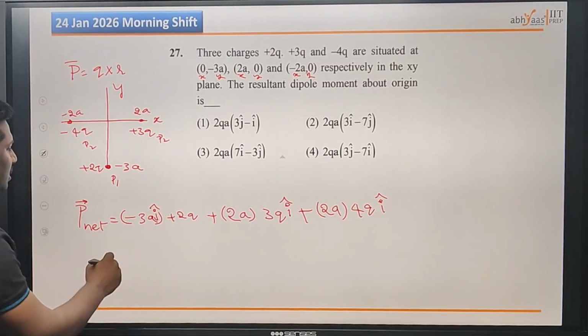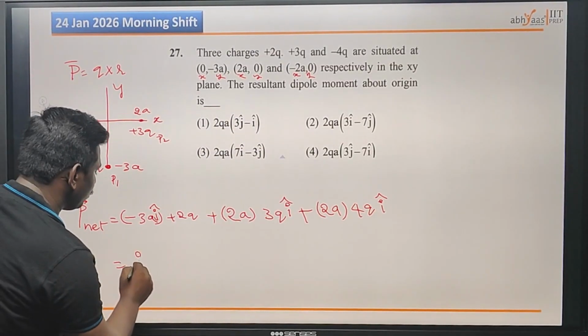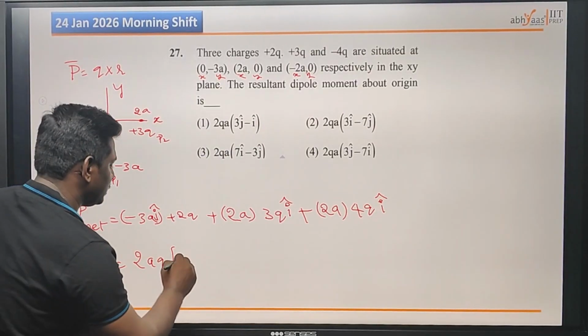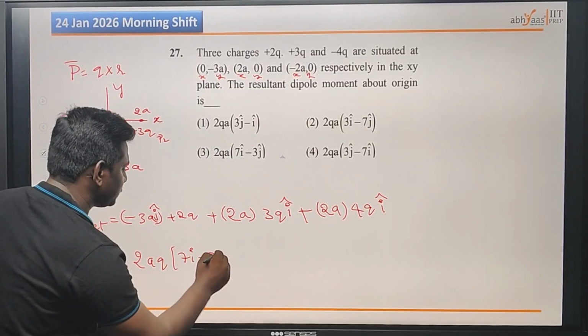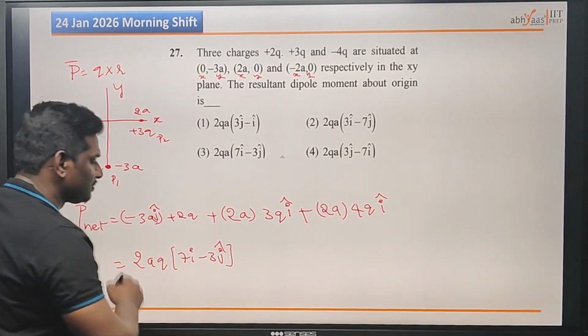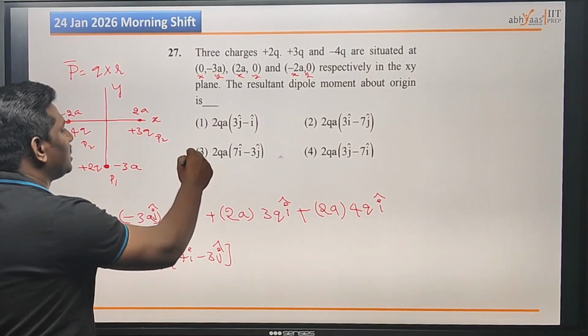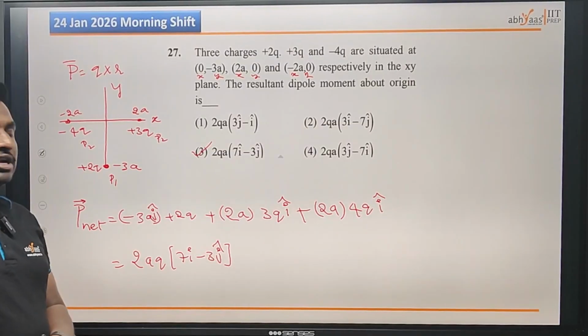If you solve this, you will get 2AQ into 7 I cap minus 3 J cap. This is our right answer. Option 3 is the right answer. I hope you are understanding.